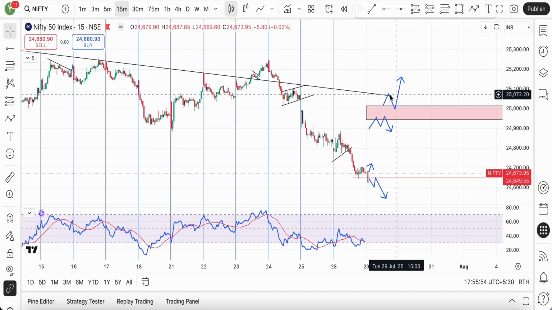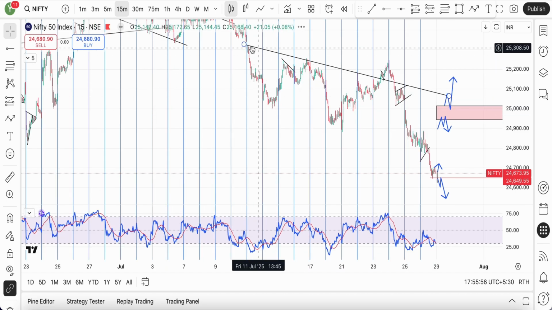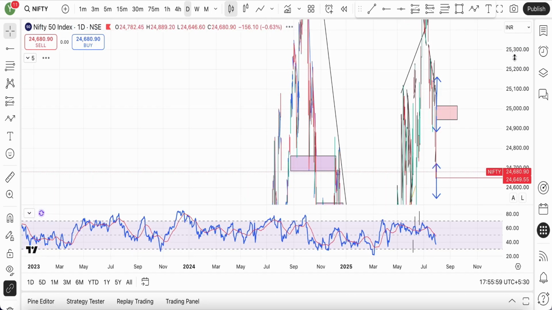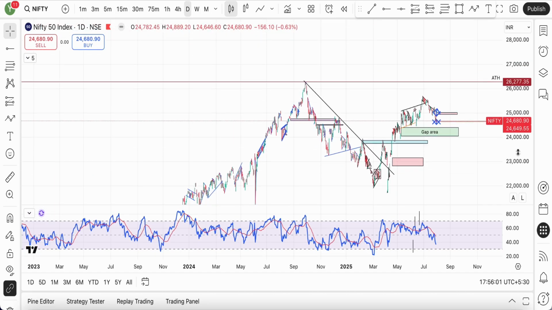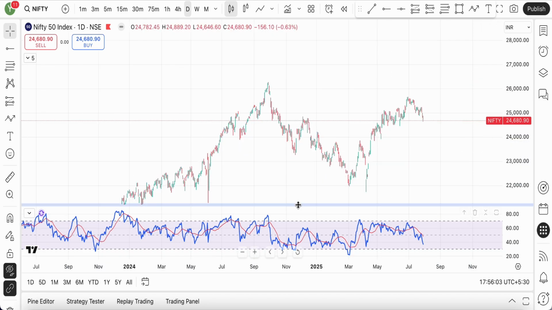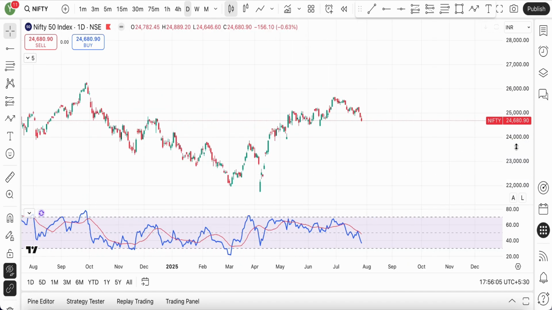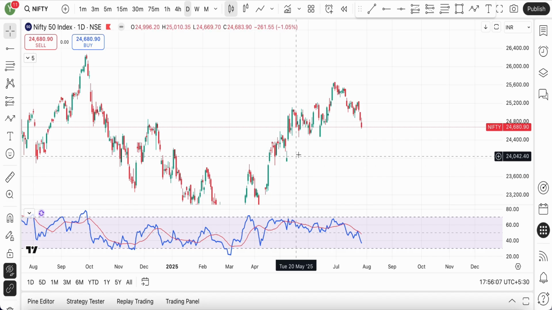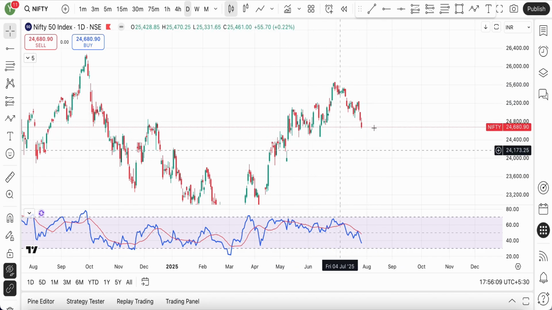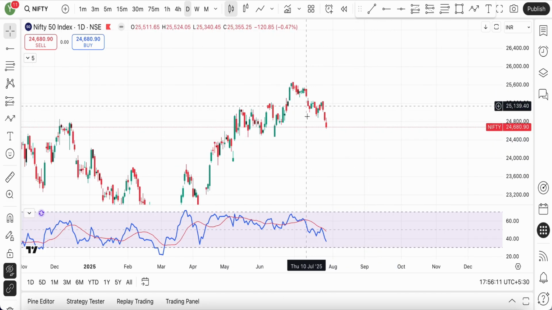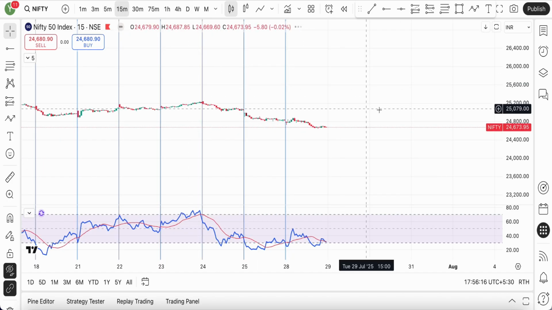We will also be almost back near the trend line which is there on the daily time frame. Let me see if there is any trend line coming in from below. Nope, we are in a negative sentiment as of now.